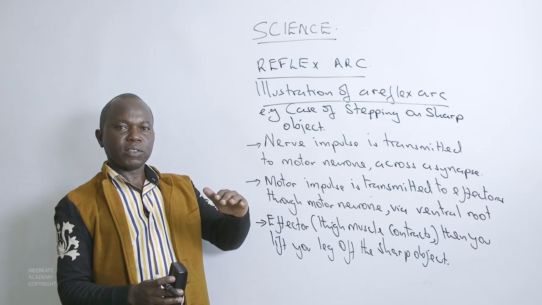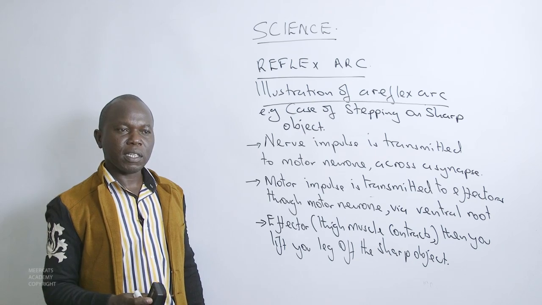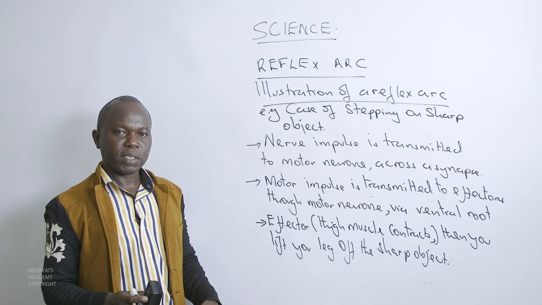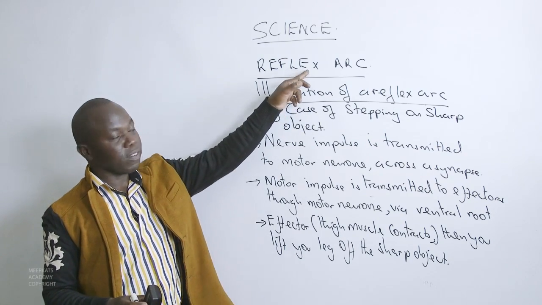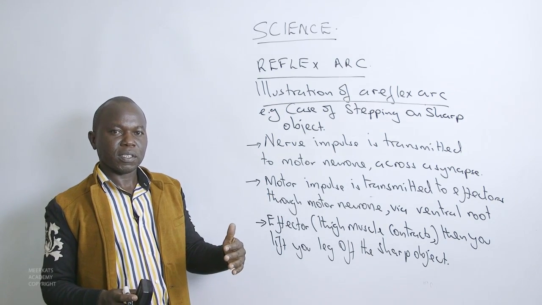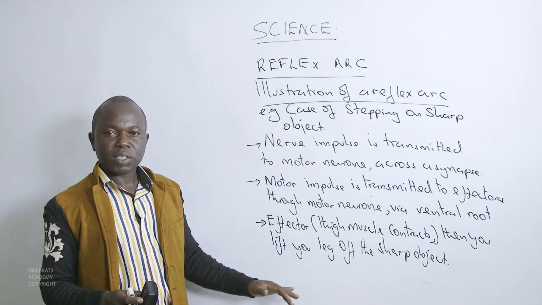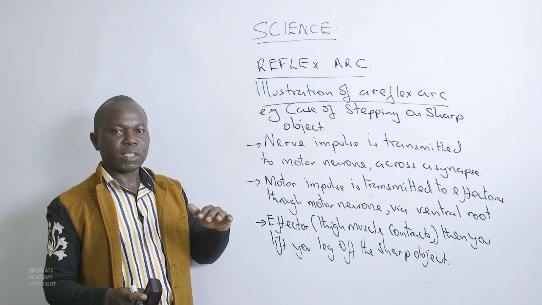And remember, this one does not involve thought. You cannot step on a hot object and then start thinking, should I remove my leg from the hot object or sharp object or not? You cannot debate, because it's a reflex, an involuntary action, response. Whether you like it or not, that's what you do. So this one does not involve thought. That's why we say simple reflex does not involve learning.